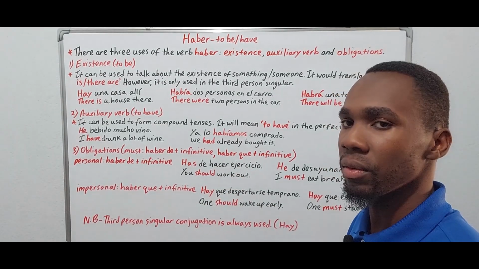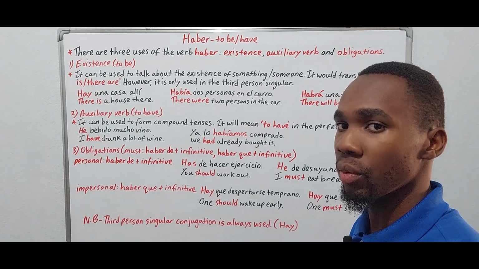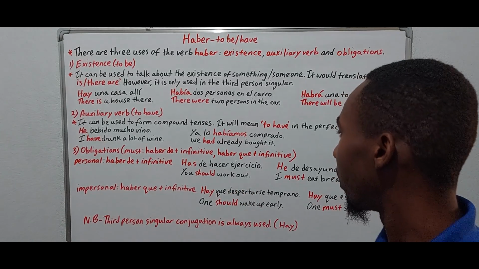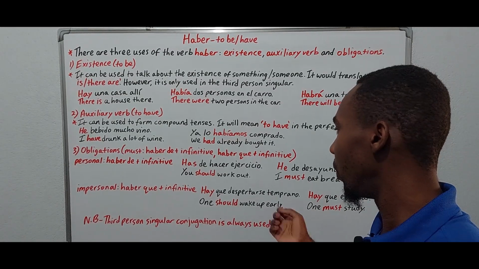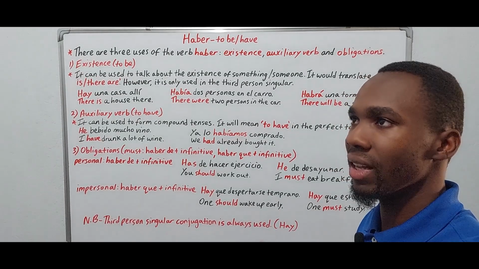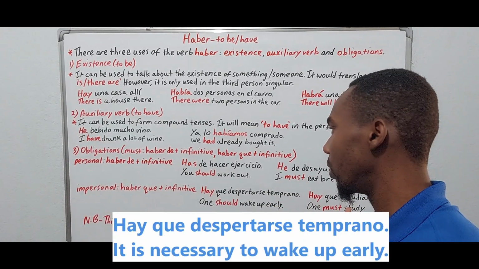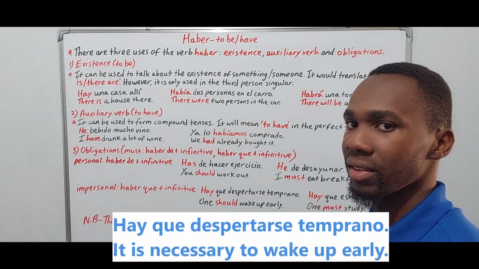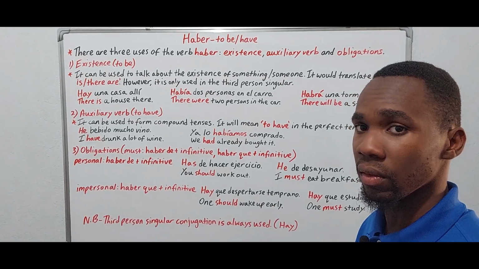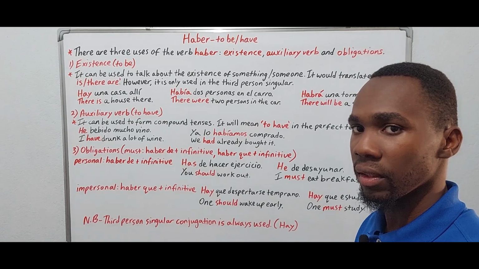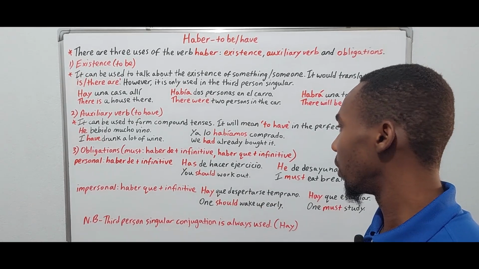So this is not going to refer to anyone specific, right? Hay que despertarse temprano. One should wake up early. You could also translate this as it is necessary to wake up early. Yeah, you can also translate it that way because it's impersonal, right? So it does not refer to anyone specific. One should wake up early.